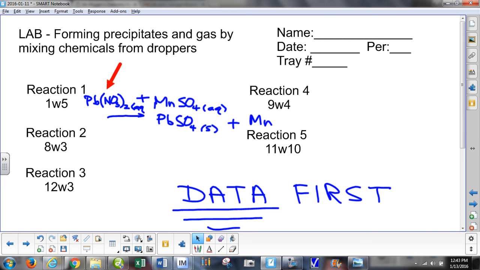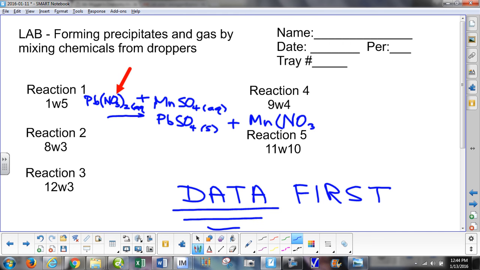So we don't know what he is unless we look at the guy that's with him. In this particular case, lead is also a transition element and can be several different charges. So we look at nitrate, and we see that there are 2 nitrates. Each one has a 1 minus charge. So lead has to be a 2 plus. So what that means is, whether we have lead or manganese, when we put the nitrate with the manganese, we will have 2 of them.